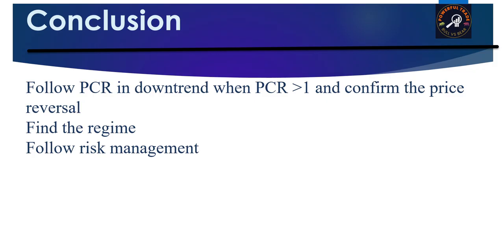And basically, don't focus on PCR less than 0.5. 0.5 can give a reversal, but that may be the minor trend. So don't focus on the minor trend. When you focus on the minor trend, the reversal may be very small, and then you need not follow that. Okay, so that is one. And I have already told how to find the regime, whether this is the PCR working regime or the PCR not working regime.